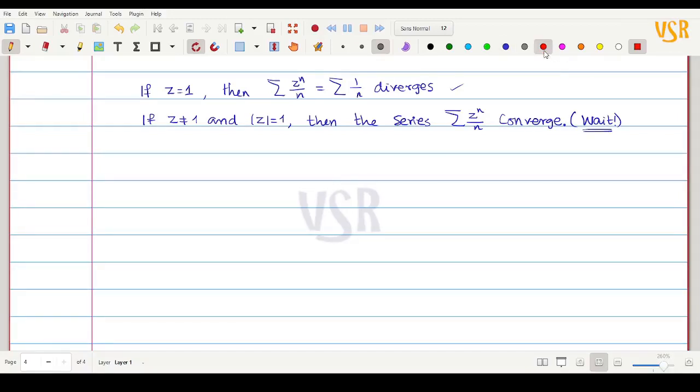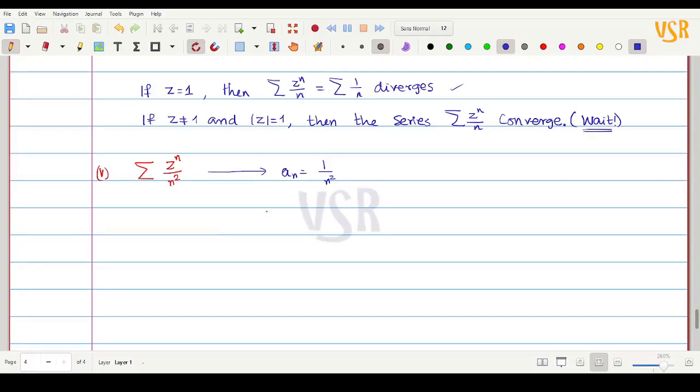Okay, the last thing is the series. That is the fifth one. We are considering the series summation z to the power n divided by n square. In this case alpha is, as far as this case is concerned, a_n equal to 1 divided by n square.